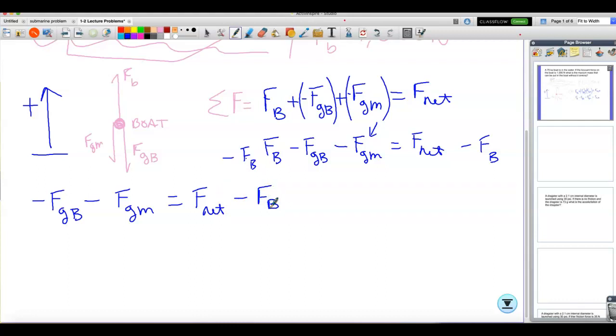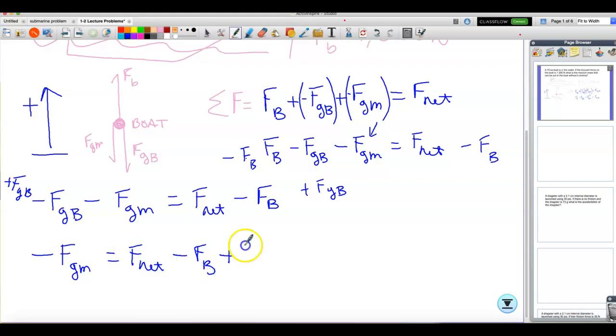Then we add the gravitational force of the boat to both sides. So negative gravitational force, or weight, of the mass equals the net force minus the buoyant force plus the gravitational force of the boat.